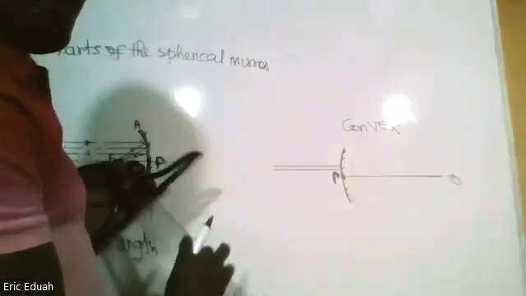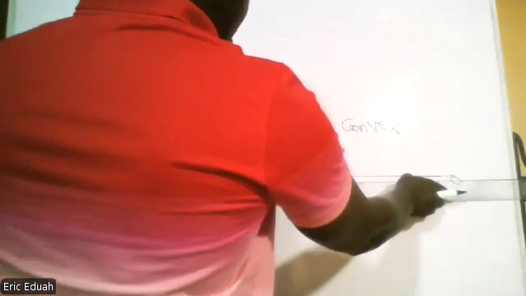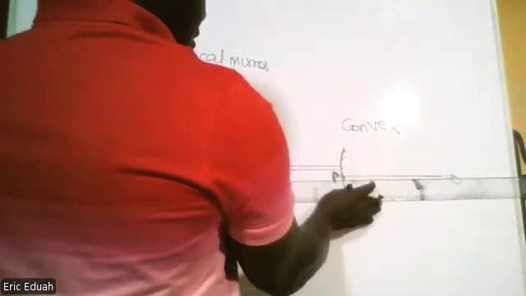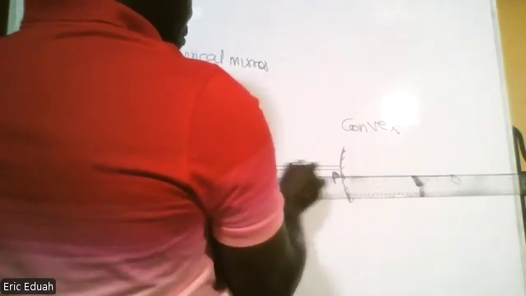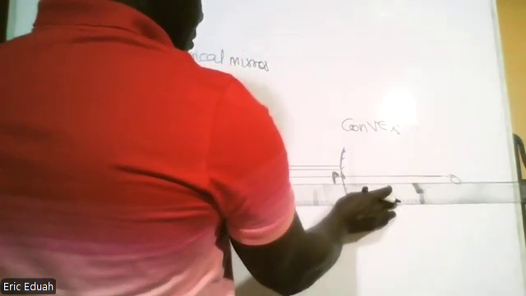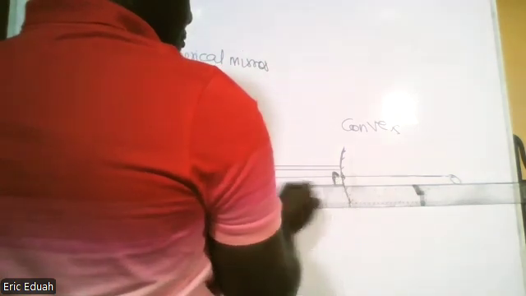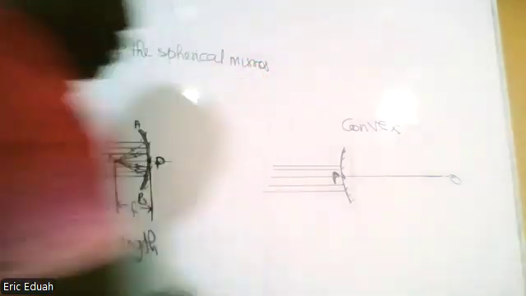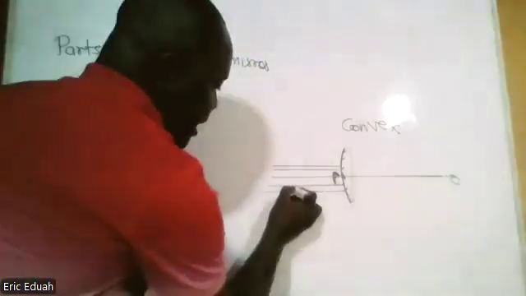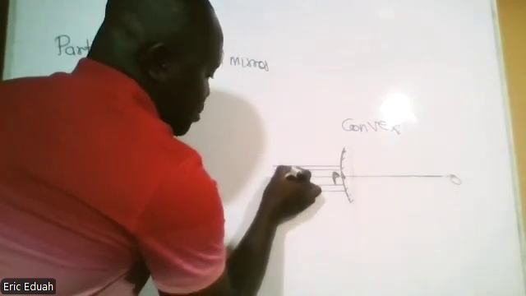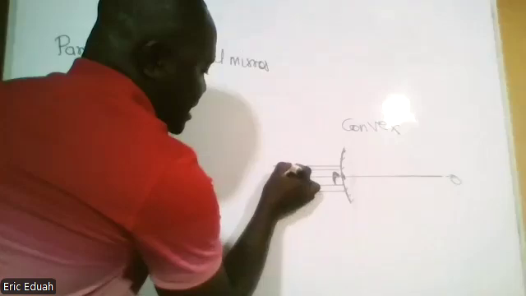Practically these lines are far away, but let's use this for theoretical purposes. So about 4 lines. They are incident on the mirror. And we are assuming that these lines are paraxial.